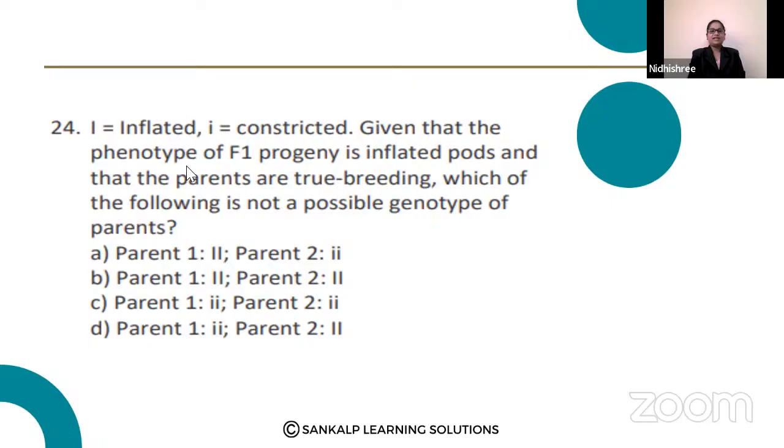Okay, fine. Inflated, constricted. Given that the phenotype of F1 progeny is inflated pods and that the parents are true breeding, which of the following is not a possible genotype?